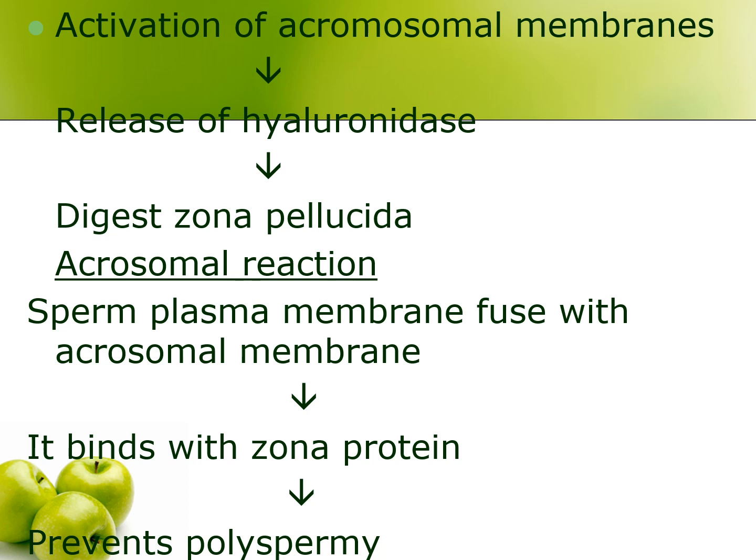That is, once a sperm has entered the secondary oocyte, immediately this covering structure forms around the fertilized ovum and prevents the entry of further sperms. So only one sperm will have the chance to enter the ovum, and it prevents polyspermy. Polyspermy means entry of multiple sperms.